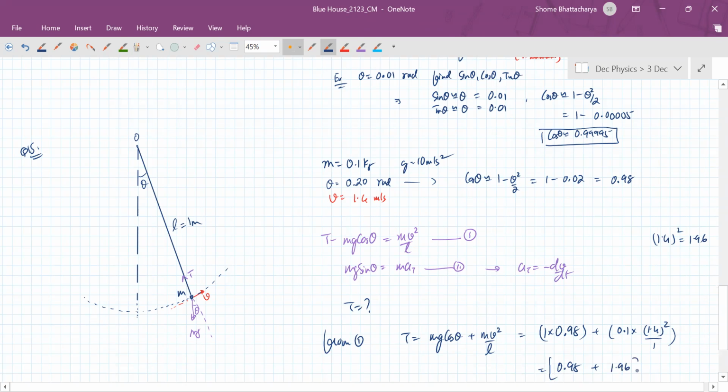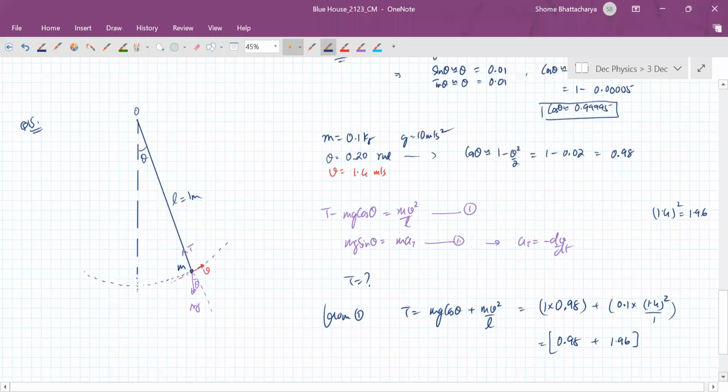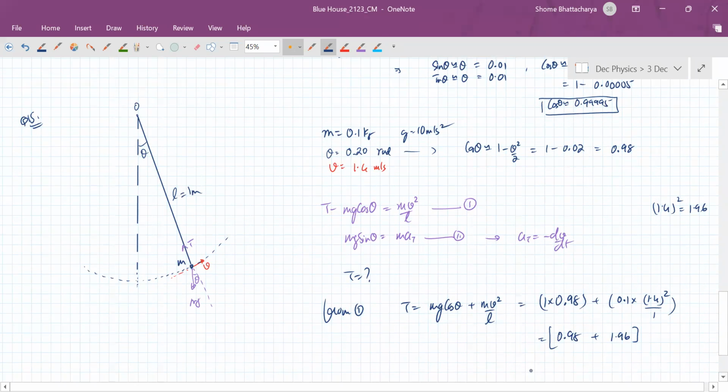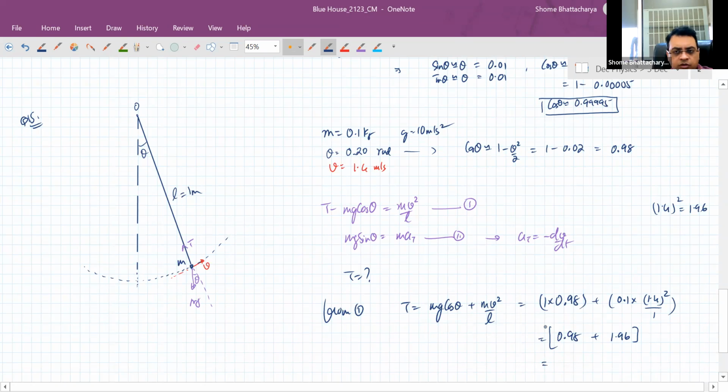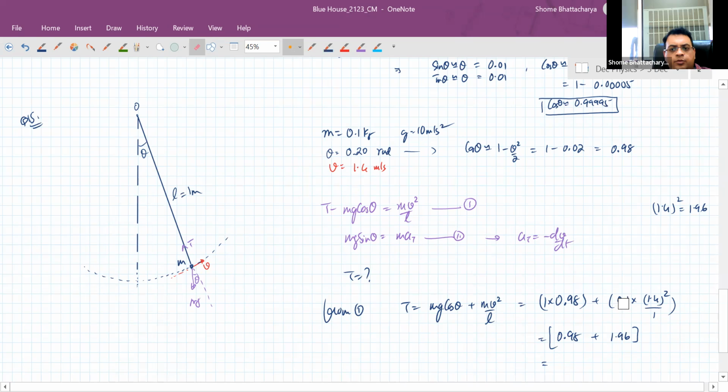So this will be 0.98 plus 1.96 into 0.1, so 0.196.